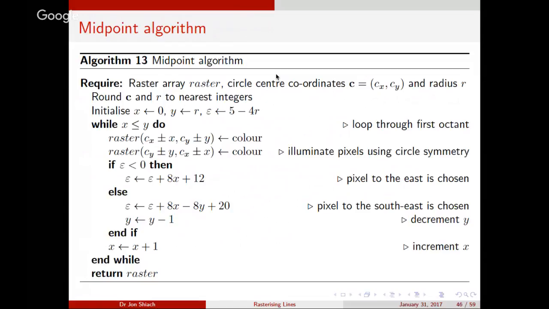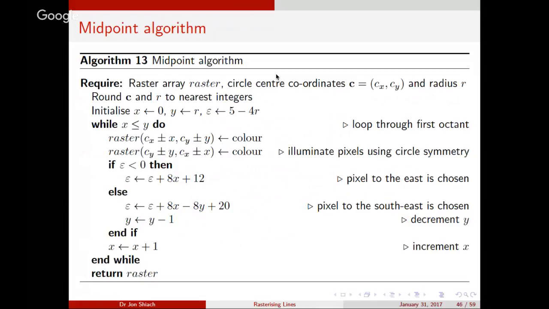We start with x equals 0, y equals r, and our initial error 5 minus 4 times r. And whilst our x coordinate is less than or equal to our y coordinate, we invoke circle symmetry. We know what x and y is, so we illuminate x, y, and then we illuminate the 7 other equivalent points.